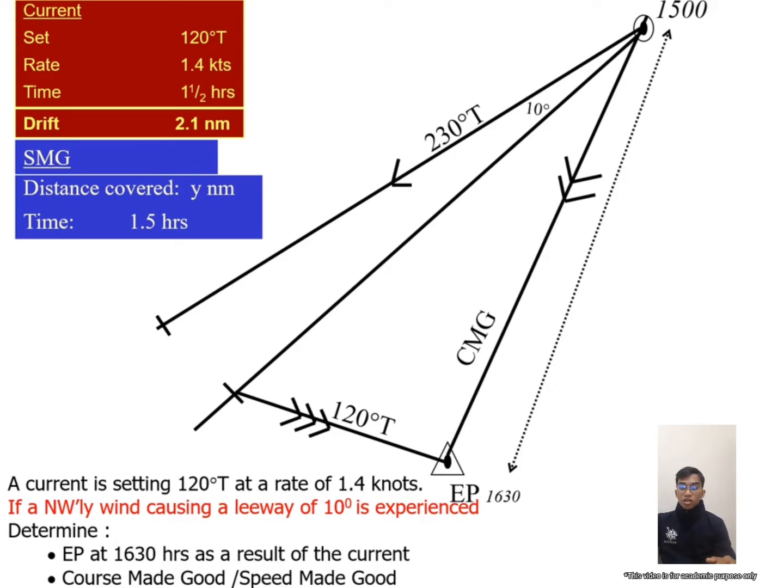For the last 1.5 hours, you can measure this distance and then divide it by 1.5, and it will give you the speed made good of the vessel at an hourly rate. So you measure the whole distance, that will be the distance covered in the last 1.5 hours.